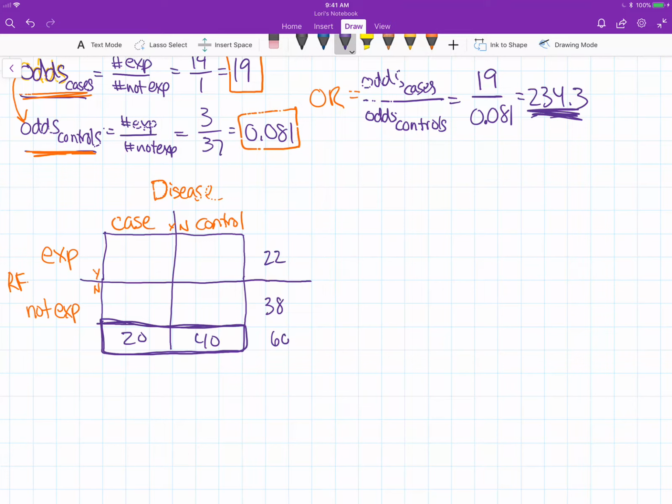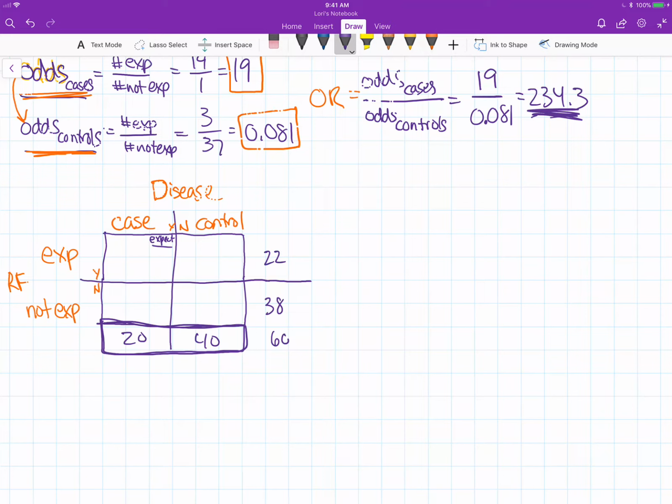Before I fill in how many cases I actually had, one thing we want to do when we calculate a chi-square test of independence is calculate how many we expected in each of these four quadrants.